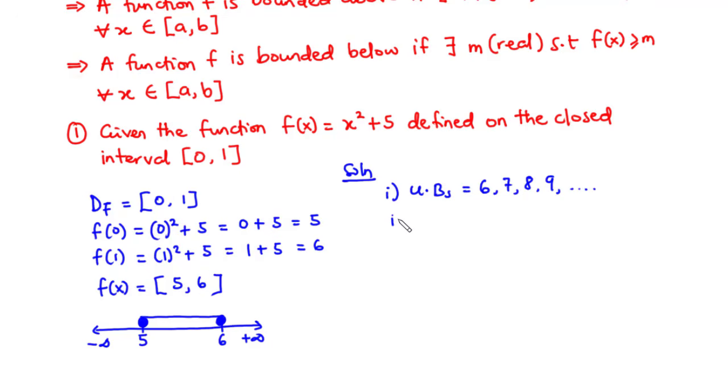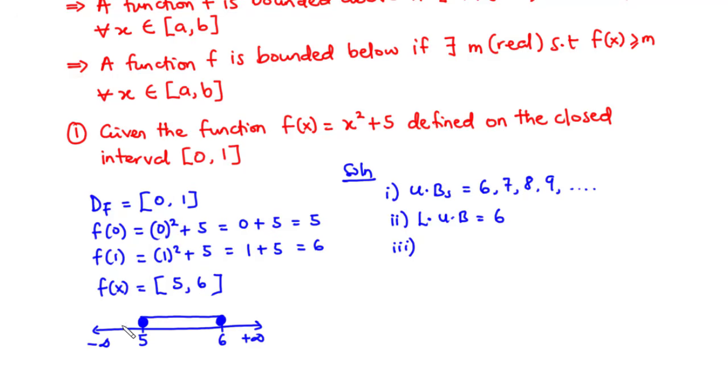Now out of these upper bounds, which of them is the least? So the least upper bound is equal to 6. Out of these numbers, 6 is the least. Now to the lower bounds. So the lower bounds are said to be the numbers that are less than or equal to the least or the lowest number in the interval.